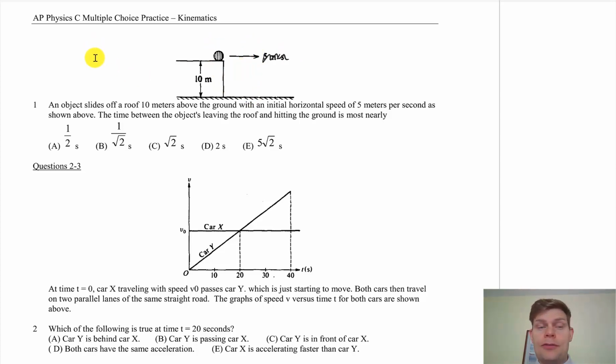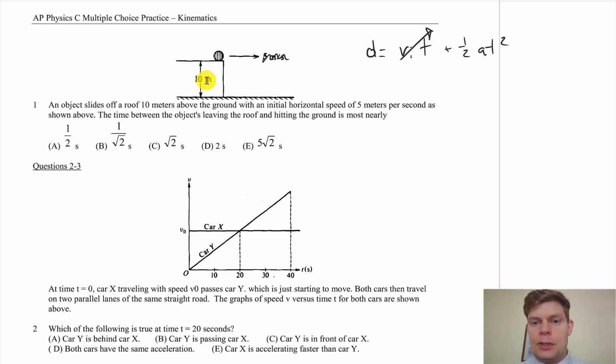Drop 10 meters. By the way, for these AP physics questions, it's set up so you can just assume that the acceleration of gravity is 10 meters per second squared instead of 9.8, and that will make a lot of the questions work out nicely. So I'm just going to use d equals v_i t, and I'm going to use 0 for v_i because there is no vertical velocity. And remember, you never want to mix vertical and horizontal components. So d equals v_i t, but my v_i is 0 vertically, plus 1/2 a t squared.